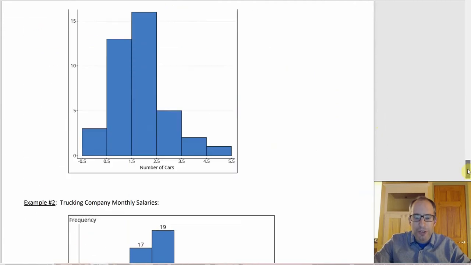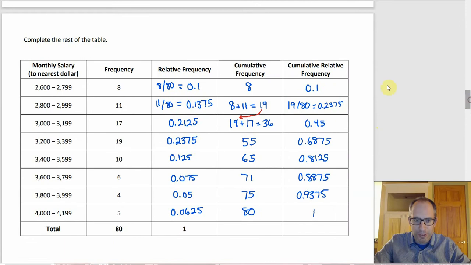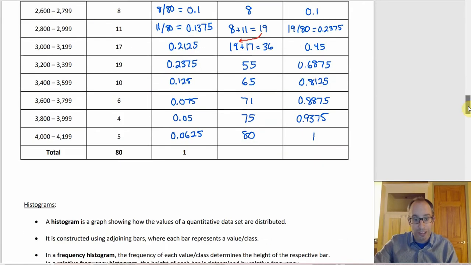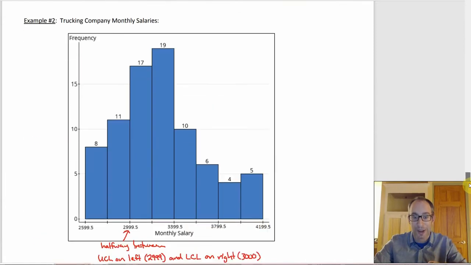Notice if I go up to where the original data is for the salaries, we never actually had them. All we had was the classes and the frequencies, right? We don't have the actual individual values, but we could still make the histogram. That was okay. We have the histogram right there. But if you were given this histogram, you wouldn't be able to reconstruct the data set entirely.